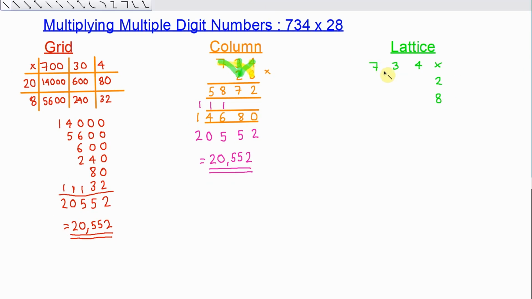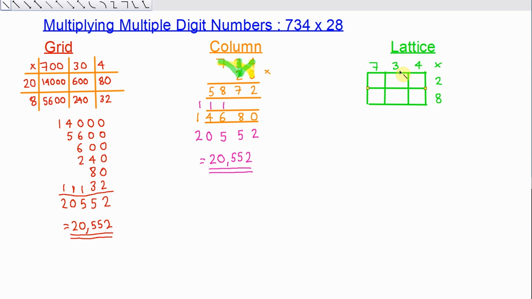And what we want to do here is build what's called a lattice, which is basically just a square for each number. So each number gets its own space going downwards, and each number has a space going across.